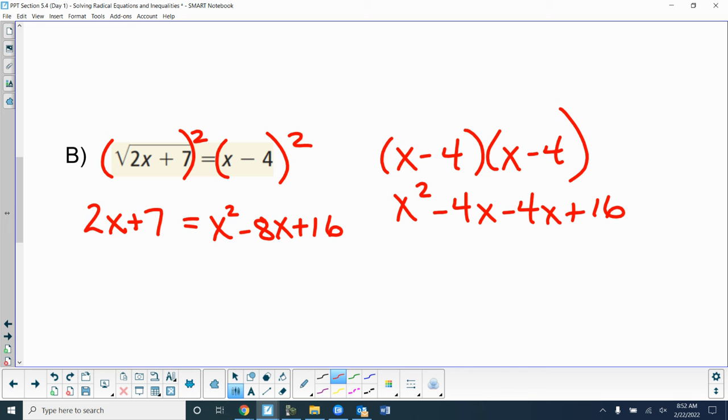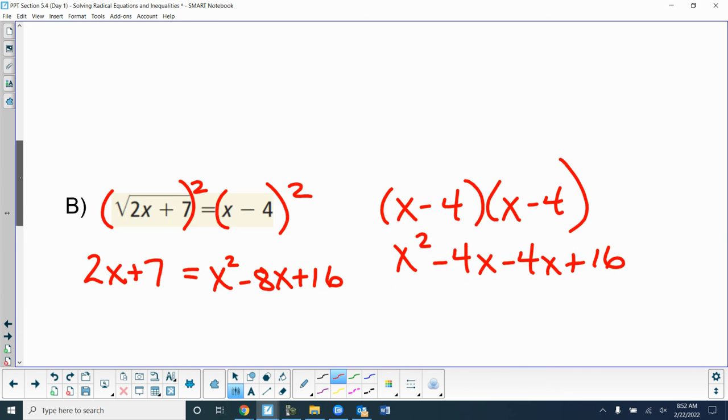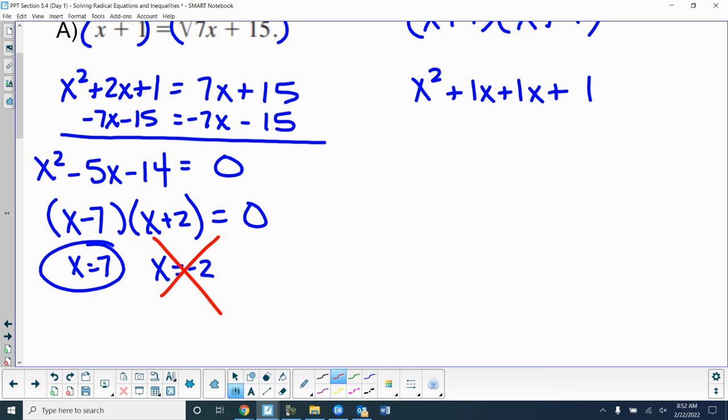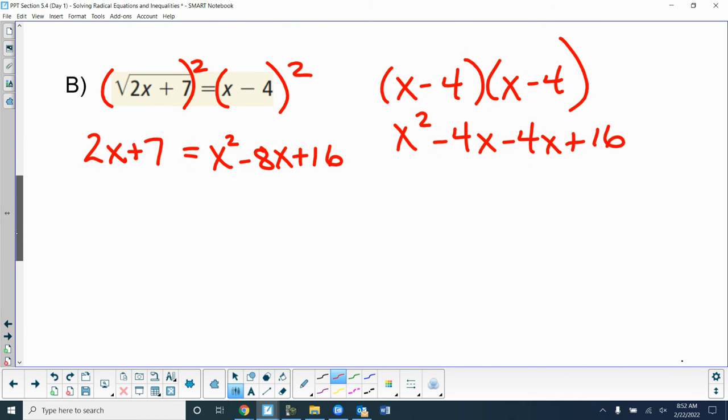We got an x squared in it. So we got to set it equal to what? 0. Yeah. So how do I get 0 on the left? Yeah, subtract 2x and do what with the 7? Yeah, subtract them both, right?